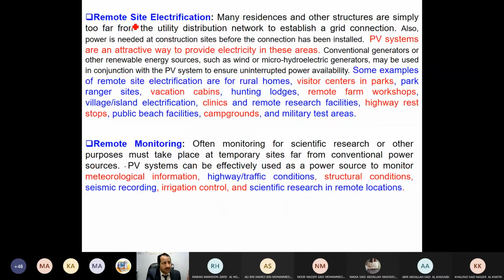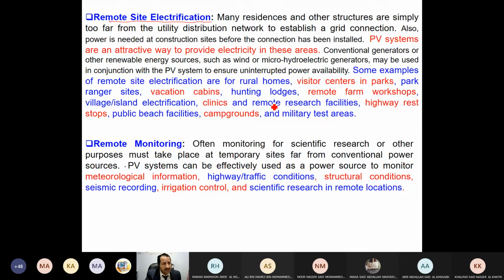Also, remote site electrification. Some applications are available in remote sites, far from the cities, far from civilization, from the grid. Solar cell could be the best choice as a source of energy.